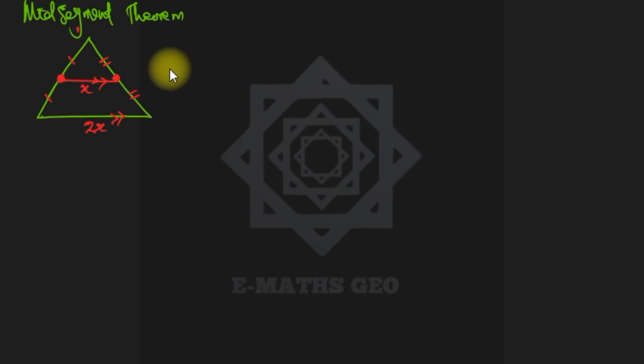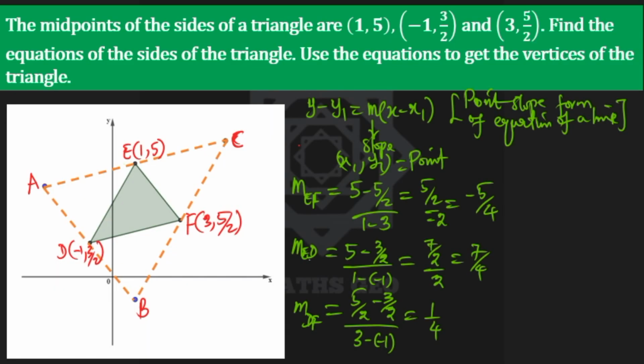So what are we trying to say here? That this line is parallel to this side of the triangle, while this one is parallel to this, and finally this one is parallel to this. So once we know the slope of DF, we know the slope of AC.